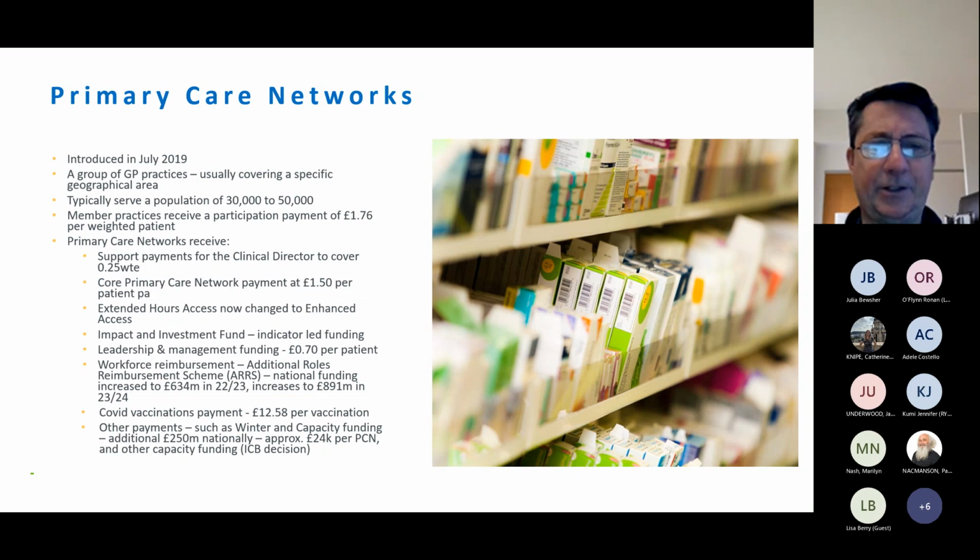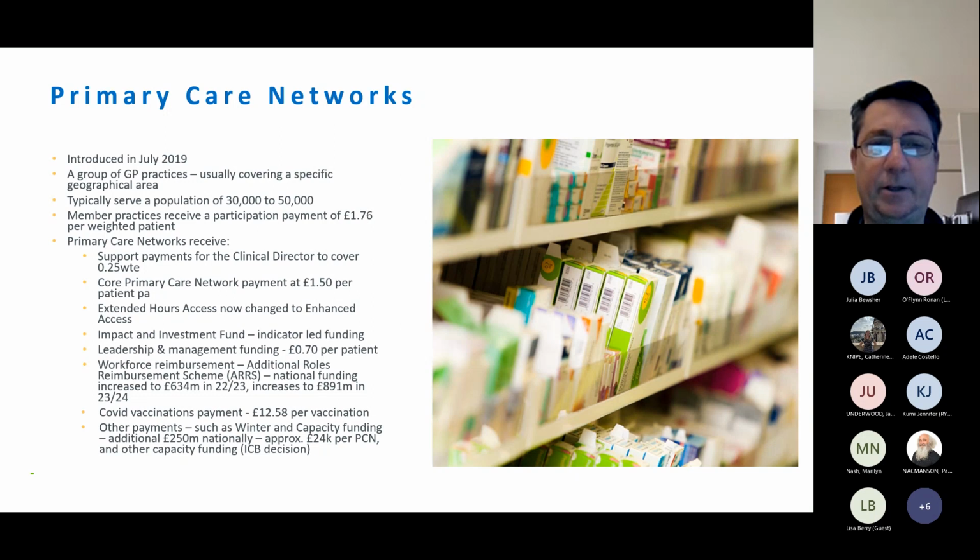And the national funding is increasing from 634 million in 22-23 to 891 million in 2023-24. Just to give you a real average of what that means, each PCN will basically have a budget in 22-23 of around £650,000 to get in these additional roles, and I'll show you what those additional roles are in a second.